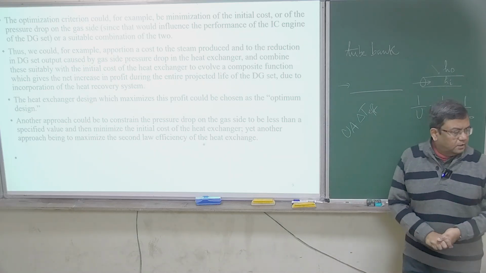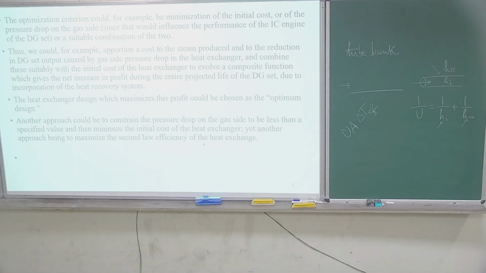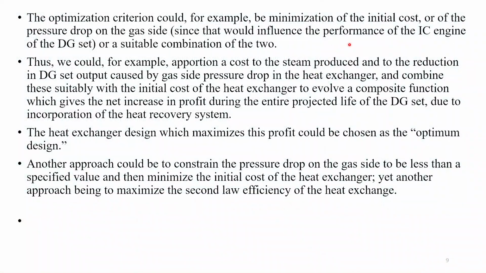Okay, so the cost, let's say we talk about cost just as an example. The cost of the steam produced can be part of an objective function, plus the effect of reduction in DG set output caused by the gas side pressure drop.